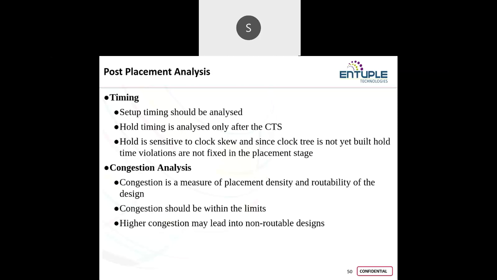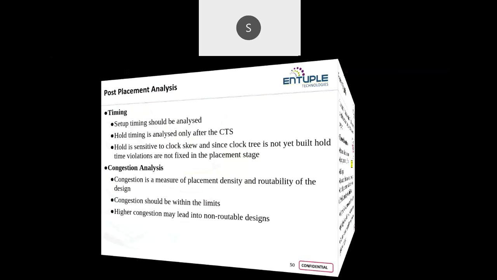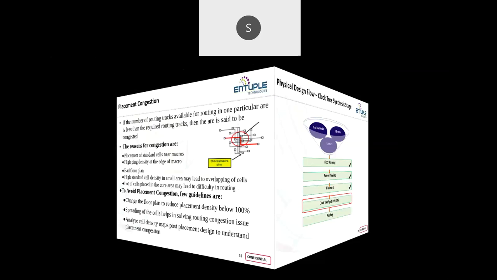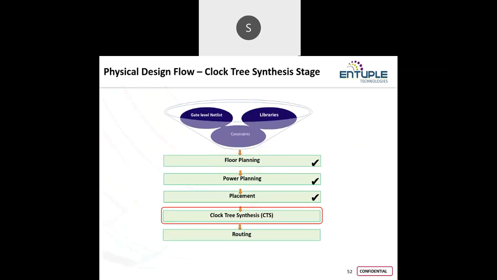Once after the optimization, if any violations are there, you just cross check once again. If there are no violations, you can further move on. The setup check timing reports will be taken care of, and any setup violations will be fixed in the placement stage itself.